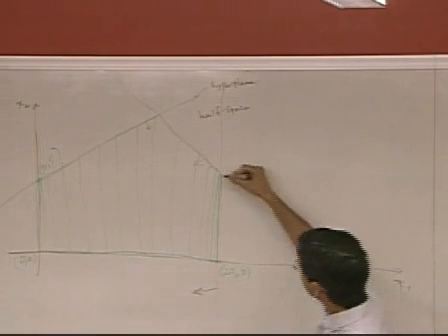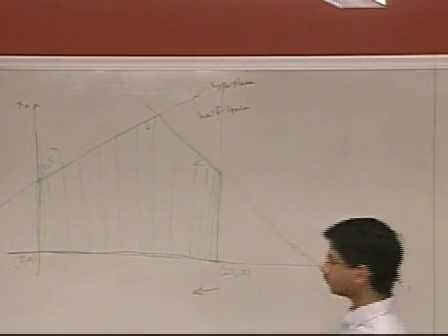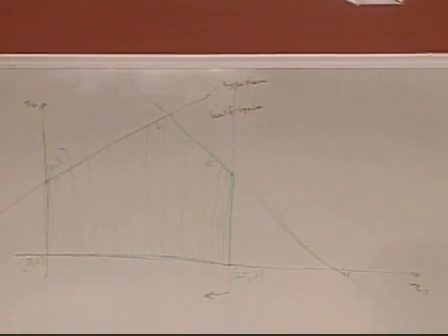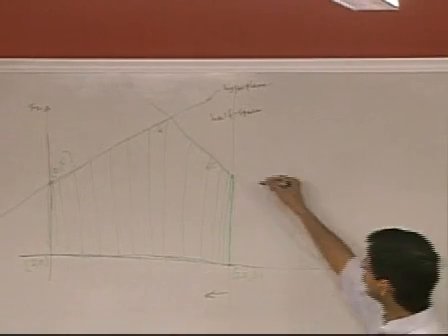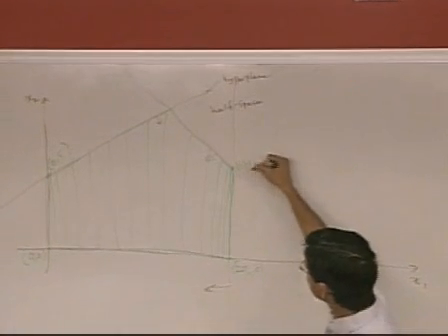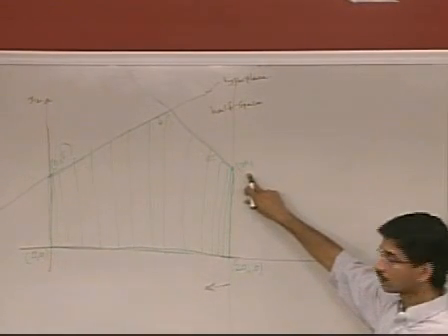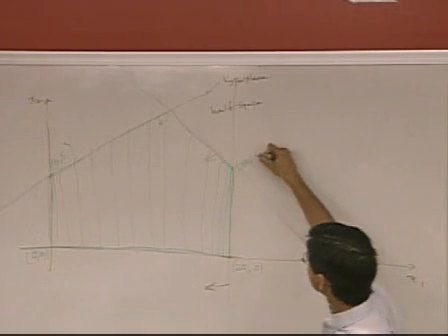And how would you determine this point? x1 is 20, and the point is 20 and 5.